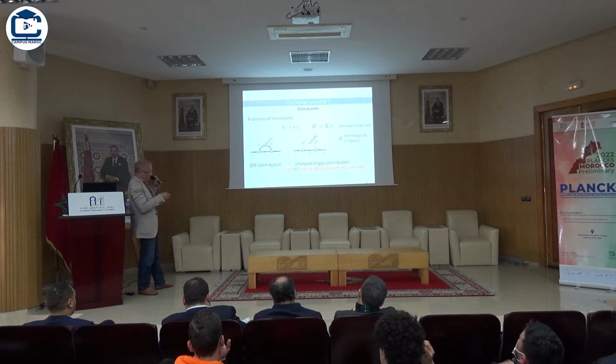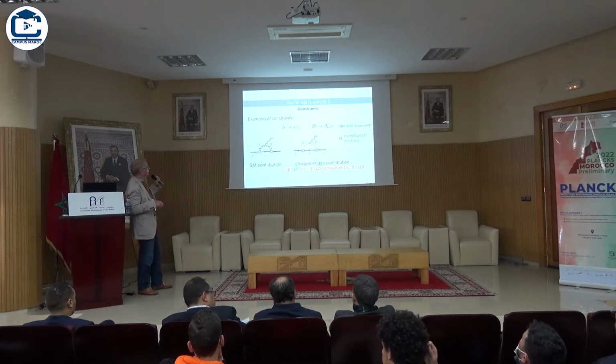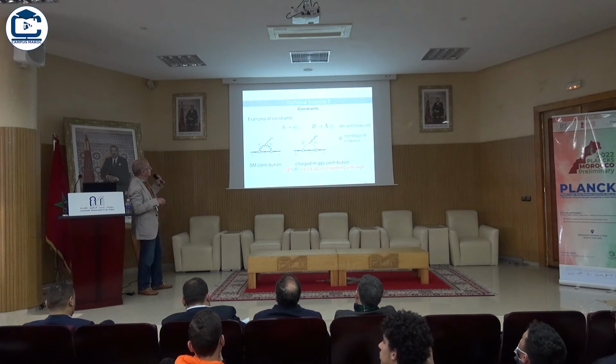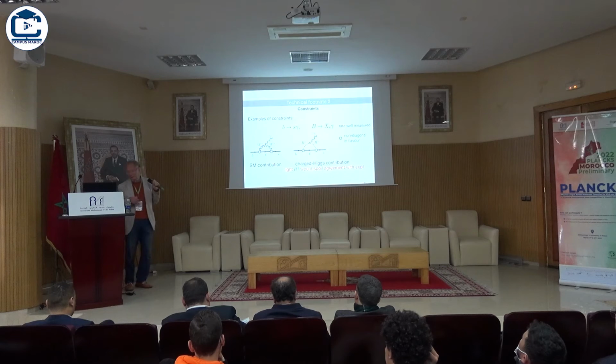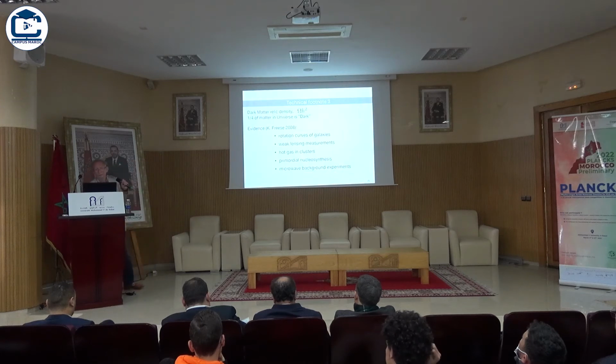The rate for that is quite well measured, and in order not to be in conflict with these experiments, the charged Higgs contribution here requires the mass of the charged one to be heavy. It cannot be too light.